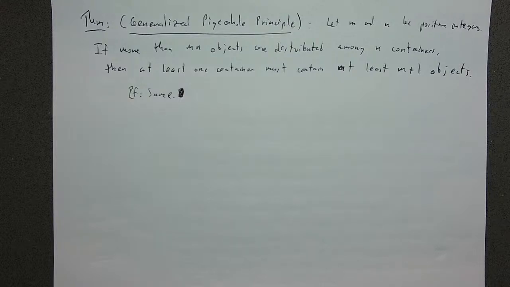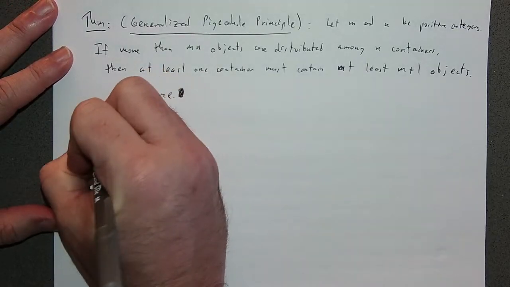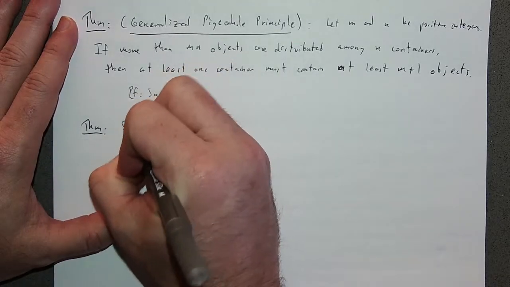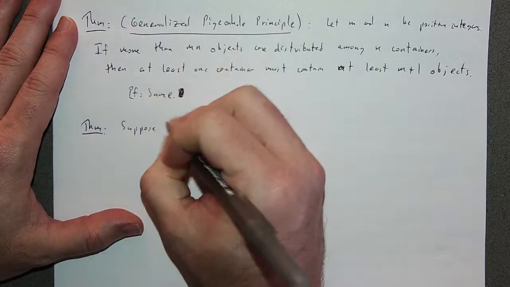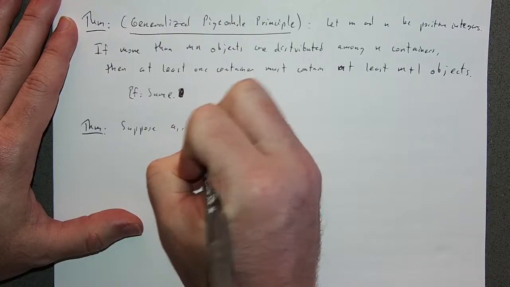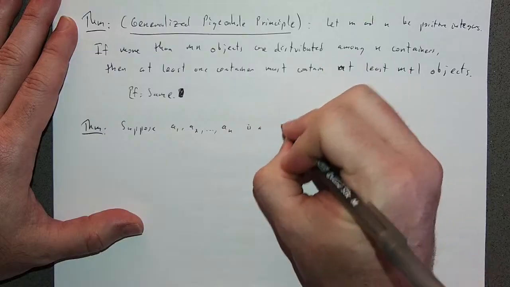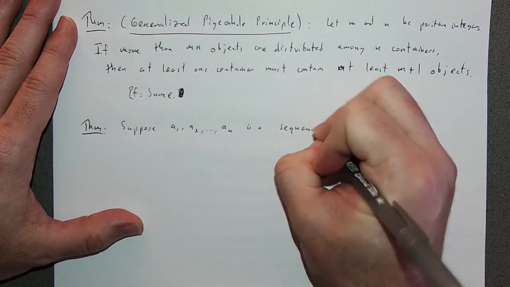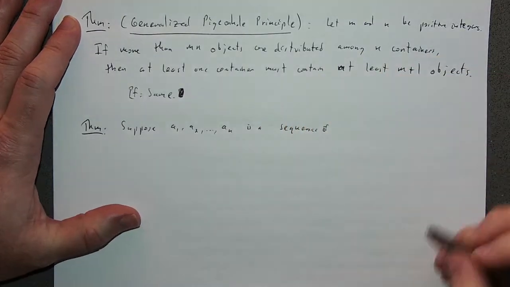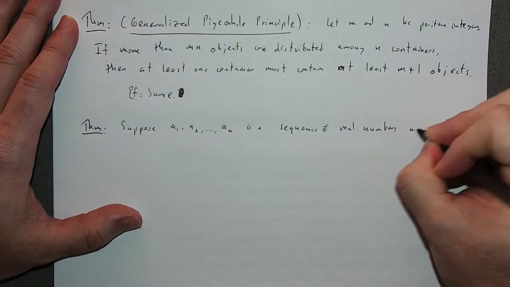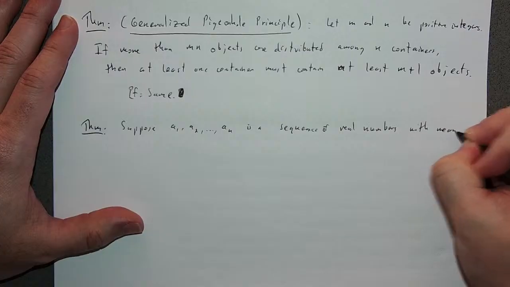So, one more theorem relating to these things. Suppose a1, a2, so on up to a sub n is a sequence of real numbers with mean or average mu.